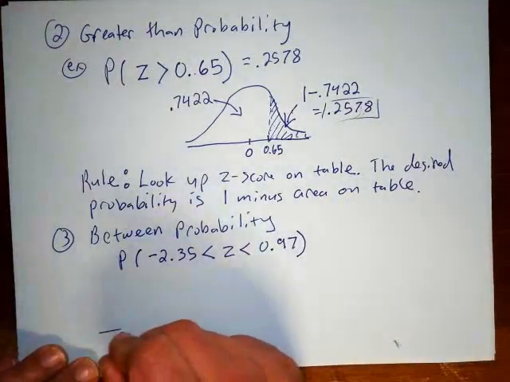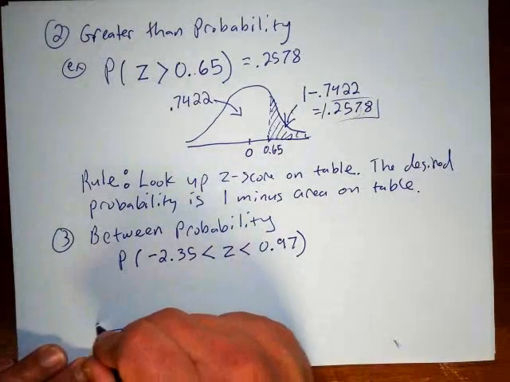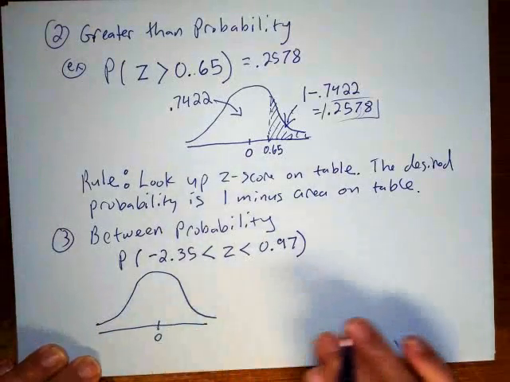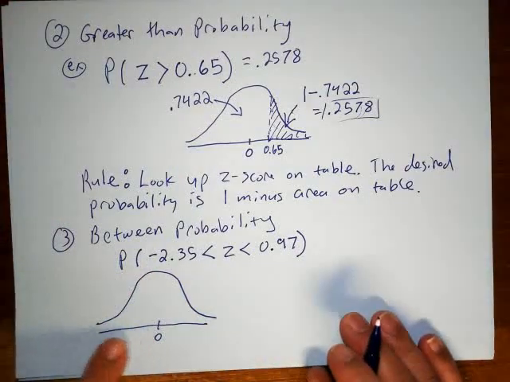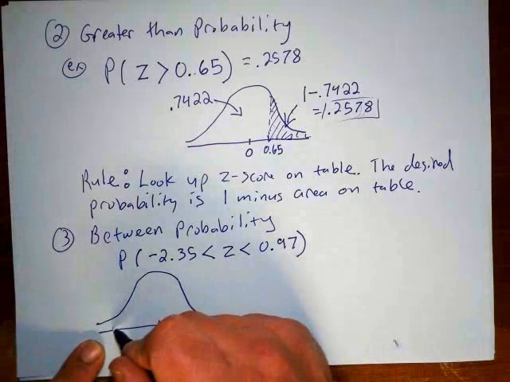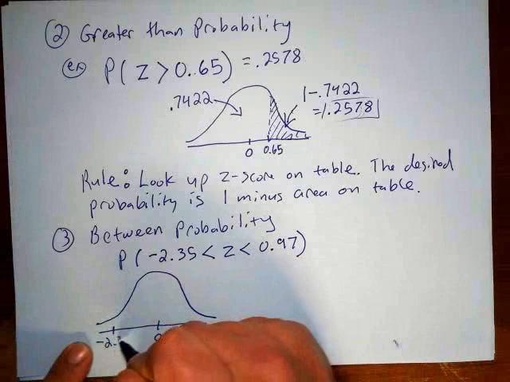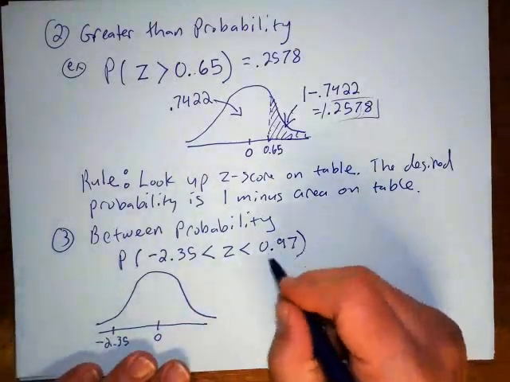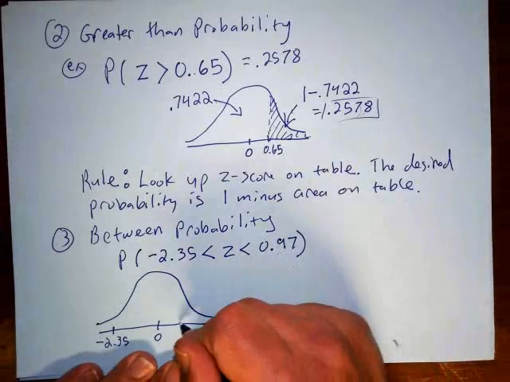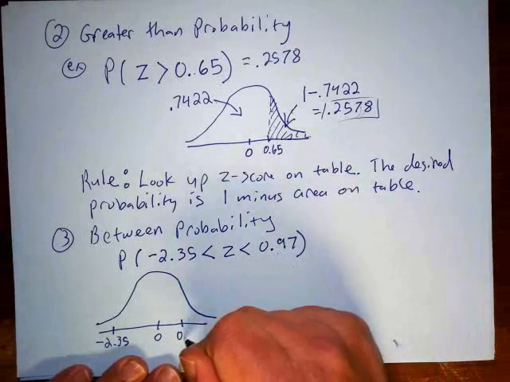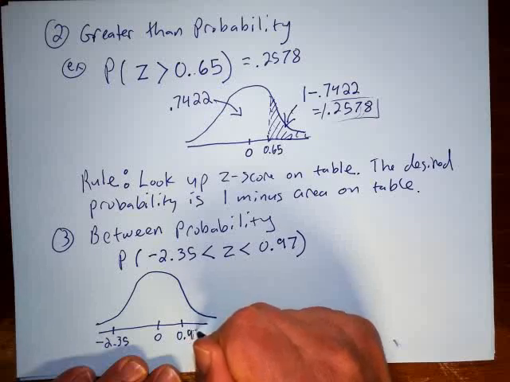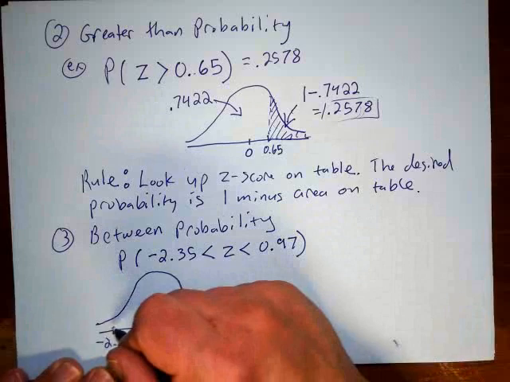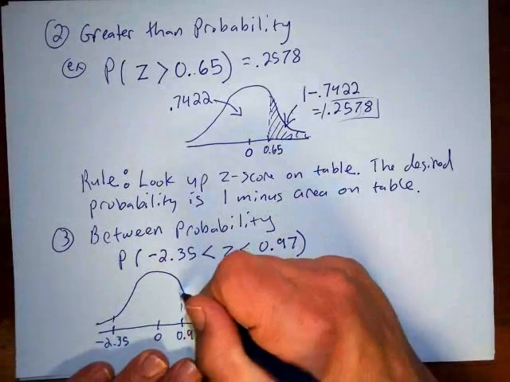Okay, so now I'm going to put 0 there. This is a negative z-score, so it's over here, pretty far out, negative 2.35, and this z-score is positive, 0.97, a little closer to 0. It doesn't have to be perfect, just make it realistic.